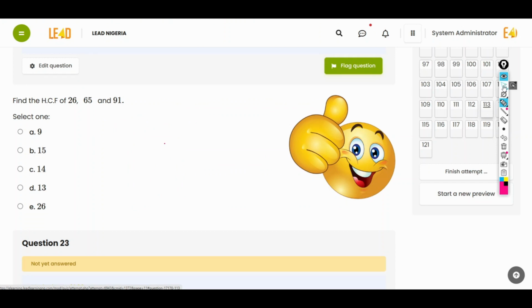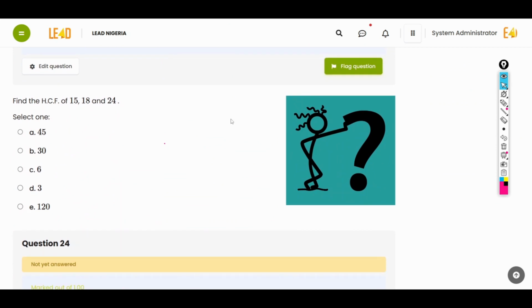Okay, so let's move on. Find the HCF of 15, 18, and 24. If you think that we don't have to draw this table for this question, you're right, because we really are just being asked for the biggest number that can divide all of them.